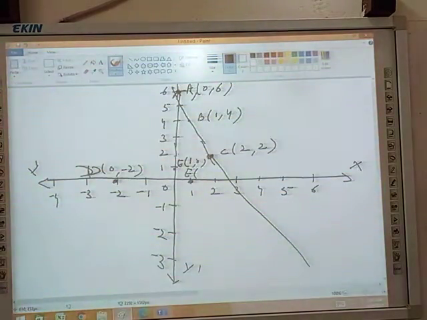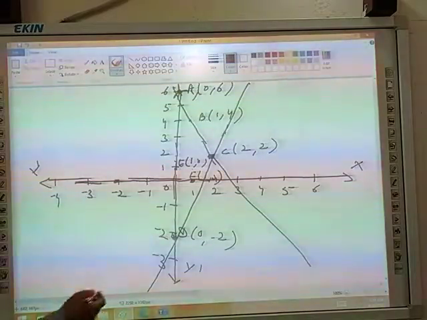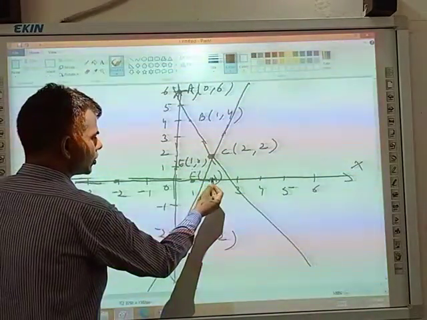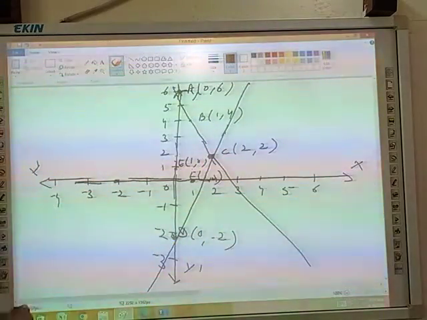Students, this is your (0, minus 2), this is your (1, 0), this is your (2, 2). Join these points. This is your graph.